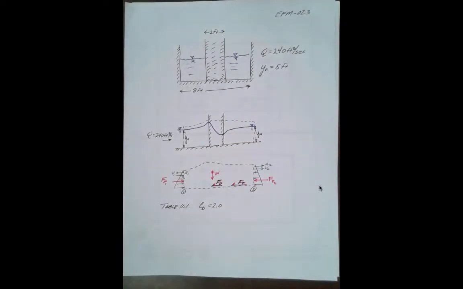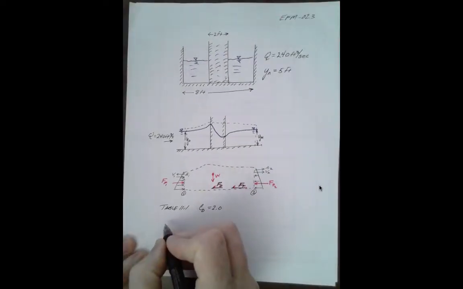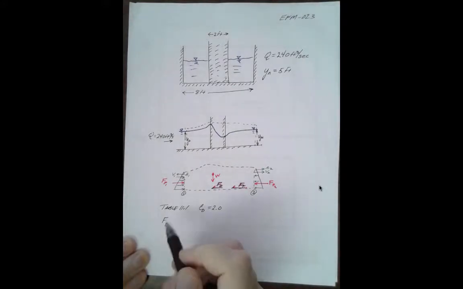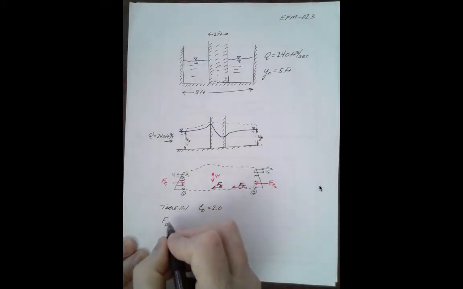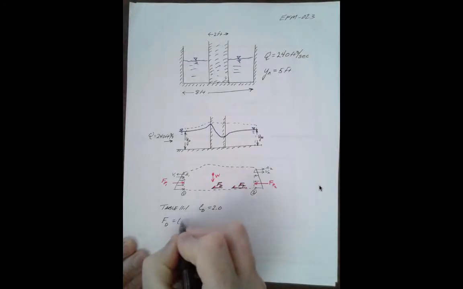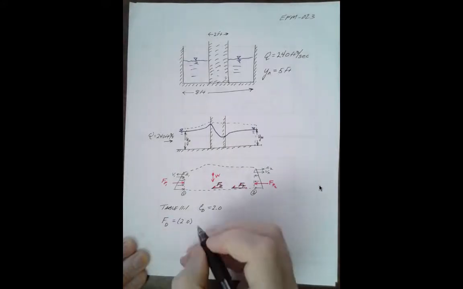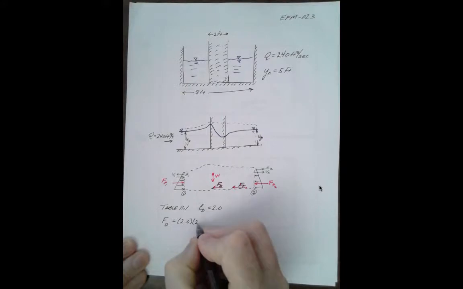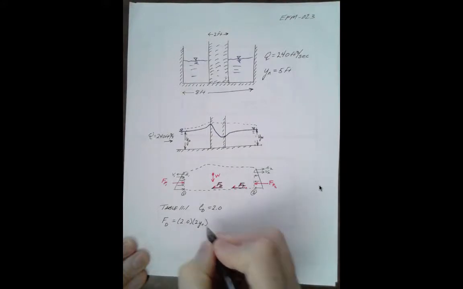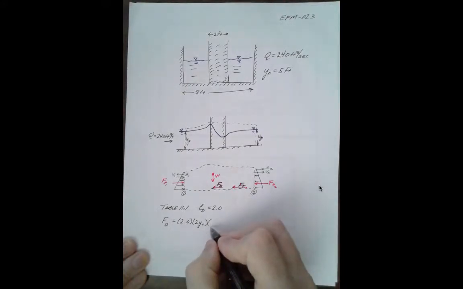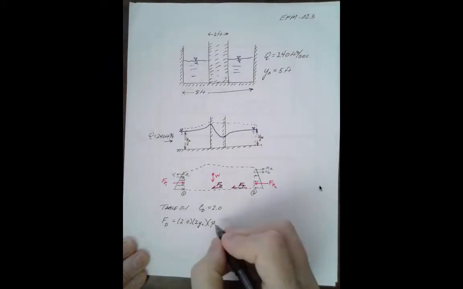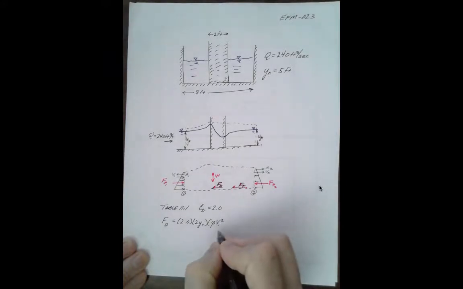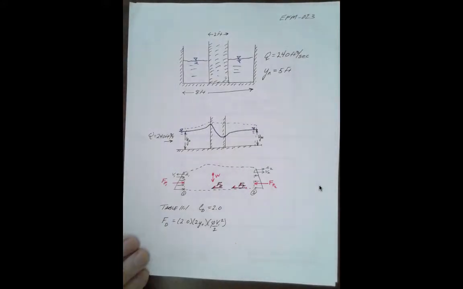Well, let's write our drag force. We know that the drag force, depicted right here, of the pier on the water is equal to 2.0 times 2 y sub 0 times rho v1 squared over 2. That's direct application of the definition of drag force.